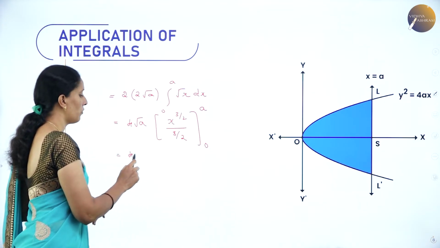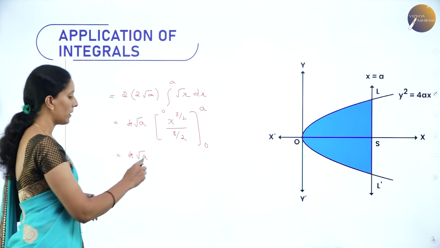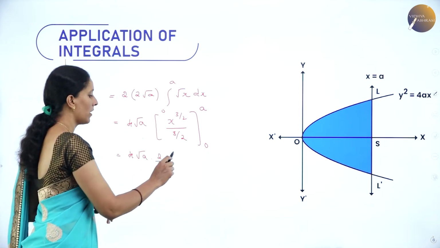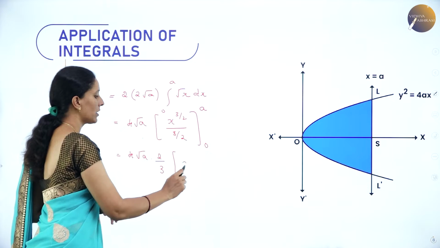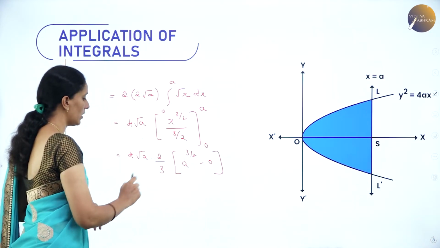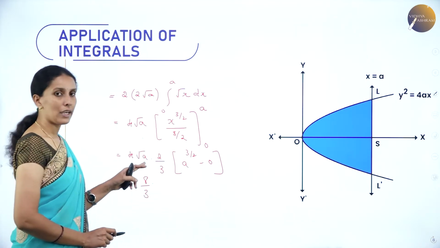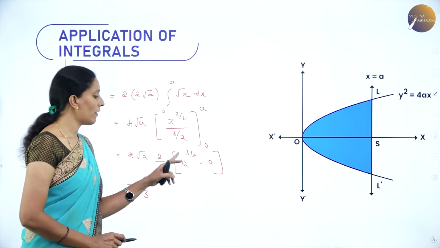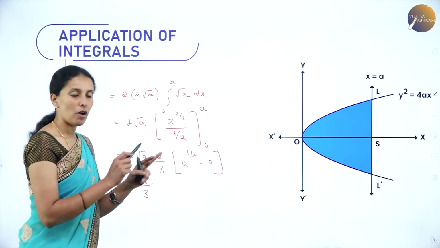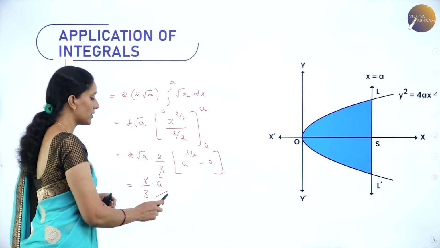We will take 3 by 2 outside, then it becomes 2 by 3, and here we'll apply the limit a to the power 3 by 2 minus 0. So here you have 8 by 3. Root a is nothing but a to the power half. a to the power half times a to the power 3 by 2, so half plus 3 by 2 becomes 4 by 2. So therefore it becomes a square.